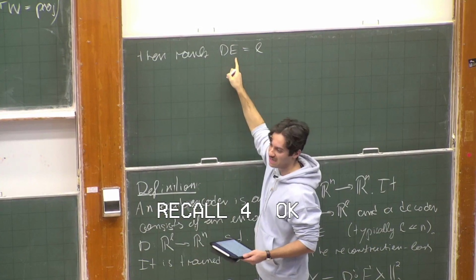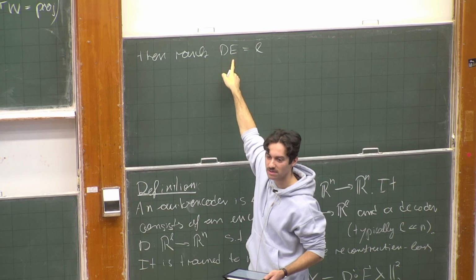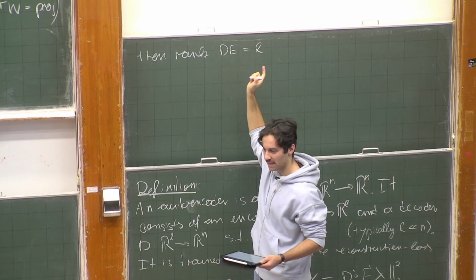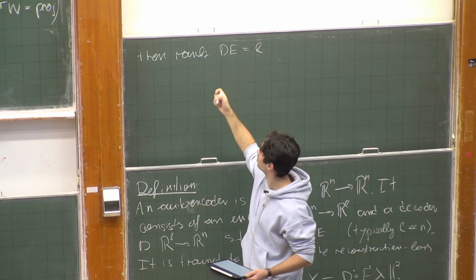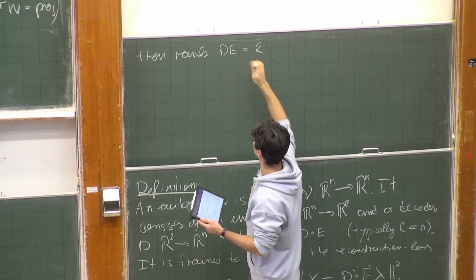The rank of D after E is upper bounded by the minimum of the rank of D and the rank of E. Both of them are upper bounded by L, but under reasonable assumptions, you can actually achieve the upper bound by an optimal autoencoder.